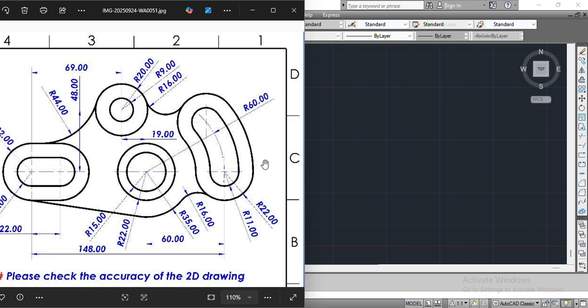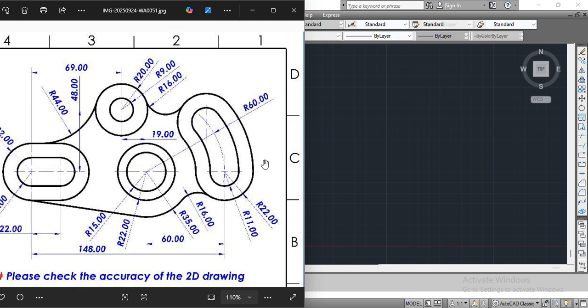In drawing that vertical line we are going to get the dimensions as indicated here. There is 69, and here there is 148, and again another one at 60 millimeters and another at 19 millimeters.